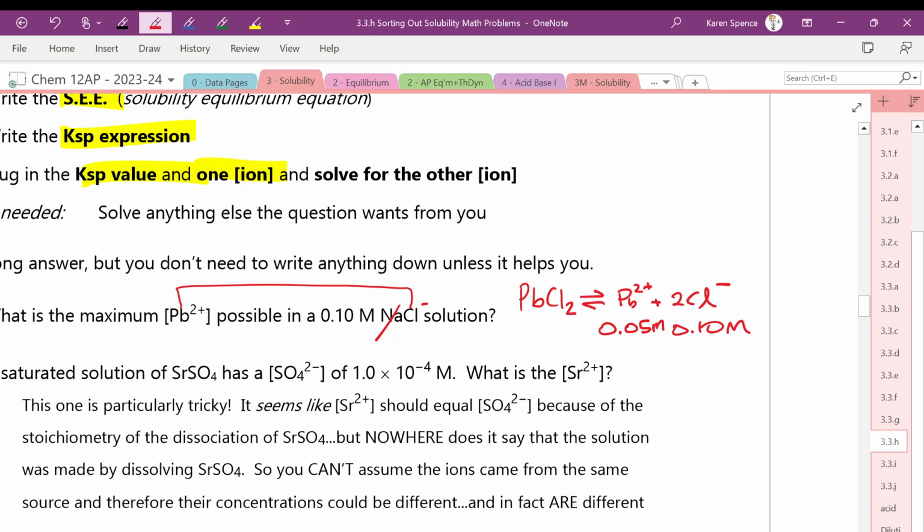Because it's a mix and match. Anytime you have a maximum question or a minimum question, you have to assume that they are not equal to one another. You have to actually get your KSP from the data booklet or from the question and then answer it. So this is not 0.05. No.